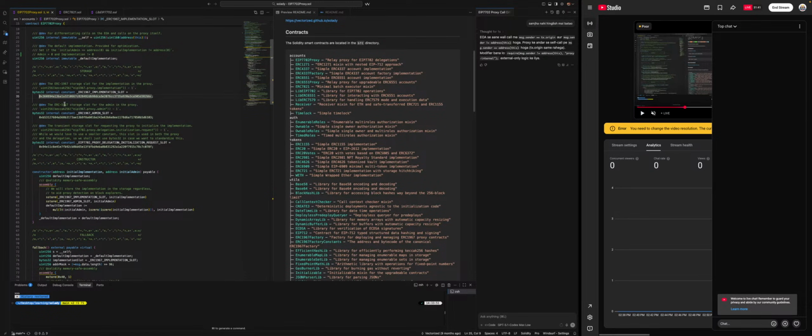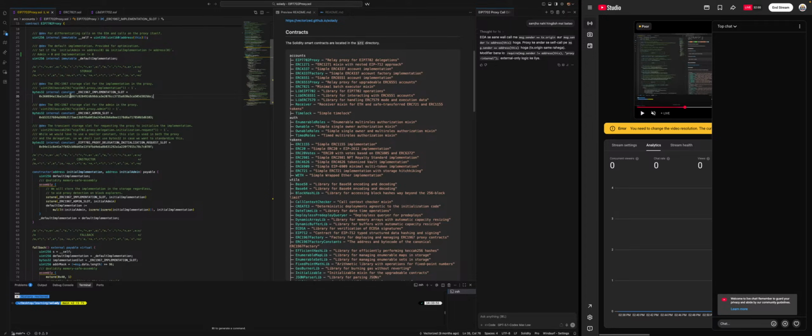Okay, never mind. So ERC-1967 basically is an EIP which states a specific location for storing the implementation contract address.